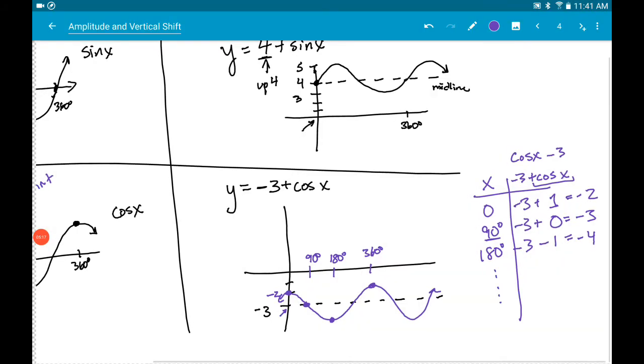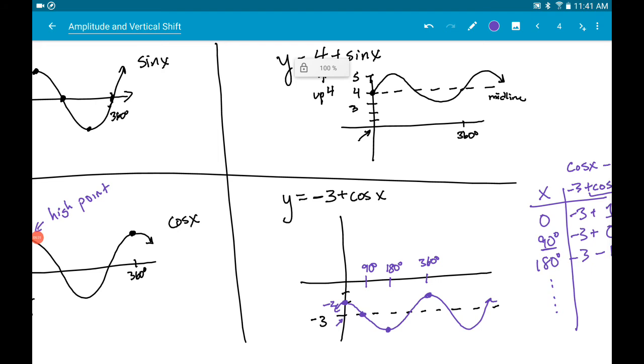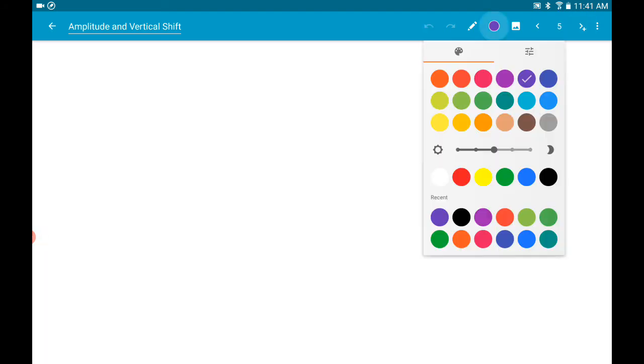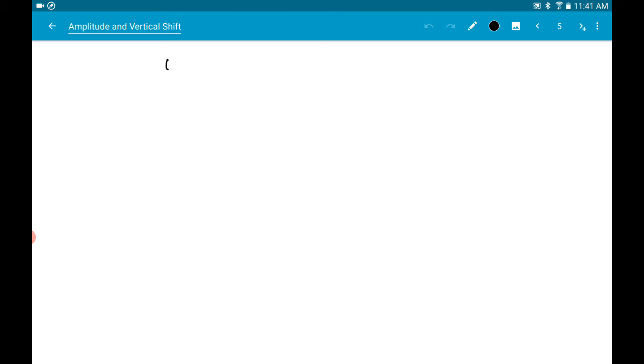All right, so a recap so far is that the general equation has these numbers that can affect how sine and cosine look. And sine and cosine are slightly different in terms of their starting points, but they really are the same curve. They've just been shifted a little bit. And so your cheat sheet so far is that this value represents the vertical shift.